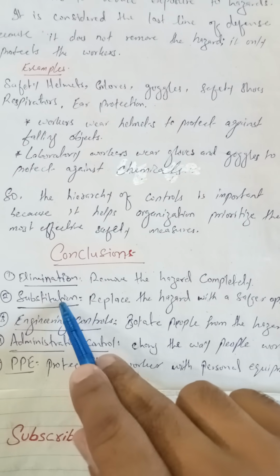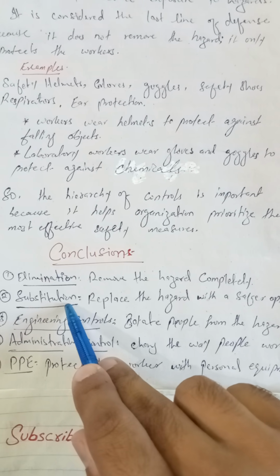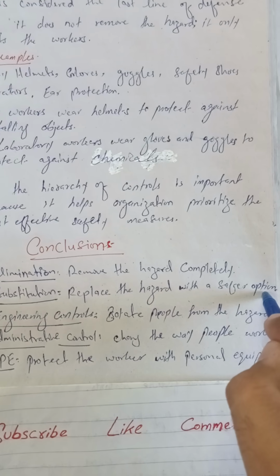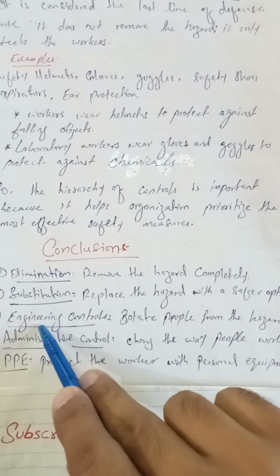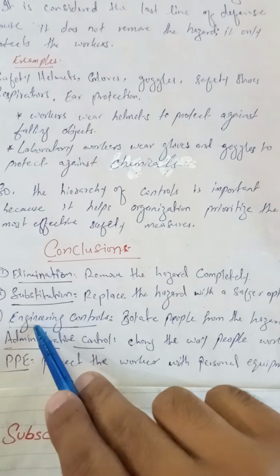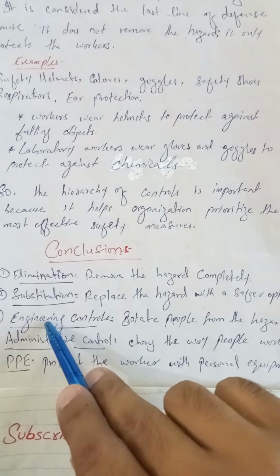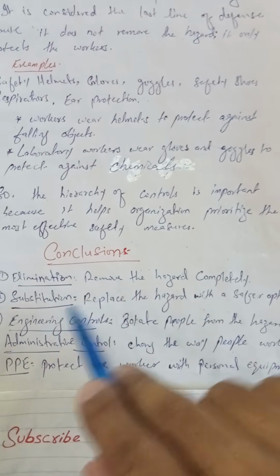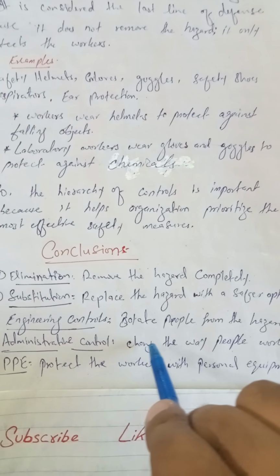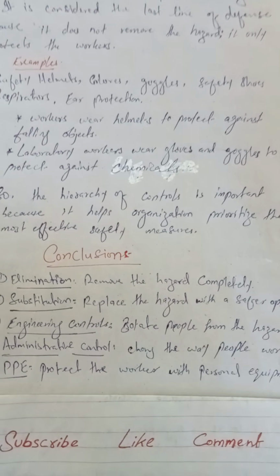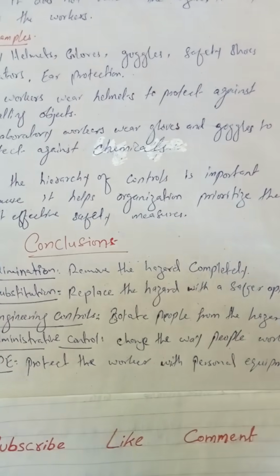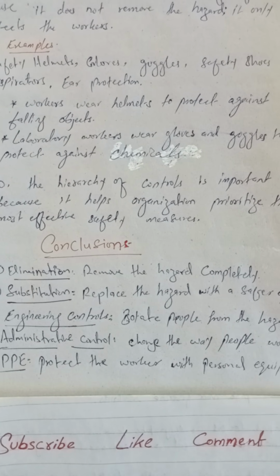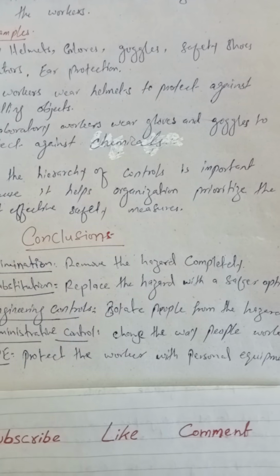Substitution means replace the hazard with a safer alternative, with less risk. Engineering control isolates people from the hazard. Administrative control changes the way people work. And PPE is the last option, protecting the worker with personal protective equipment.